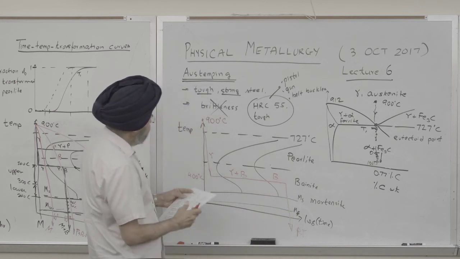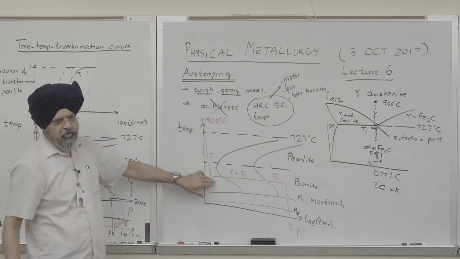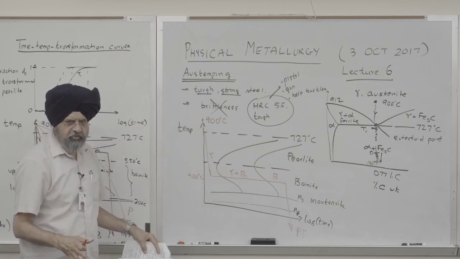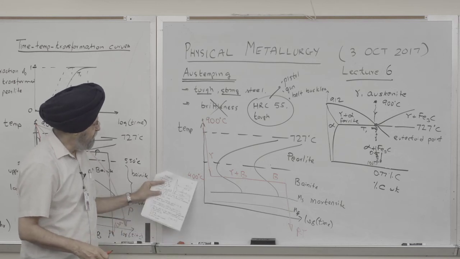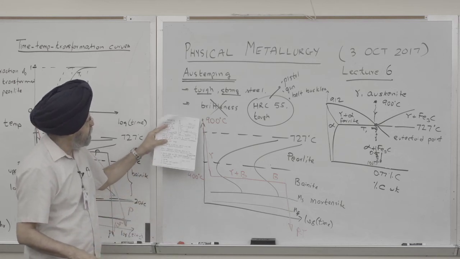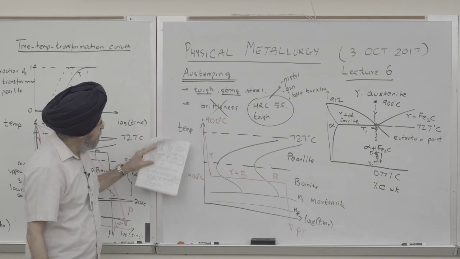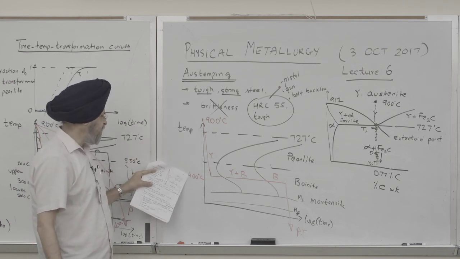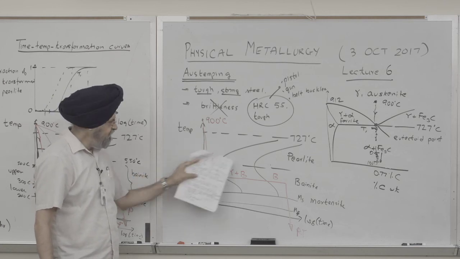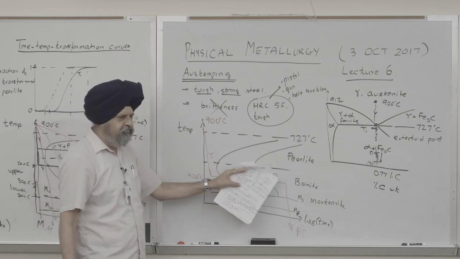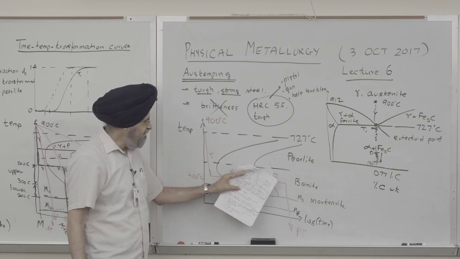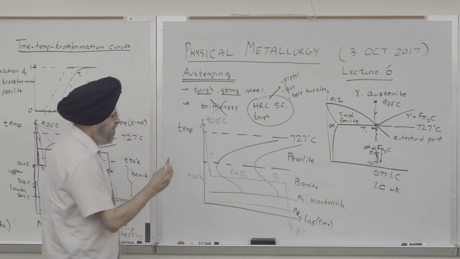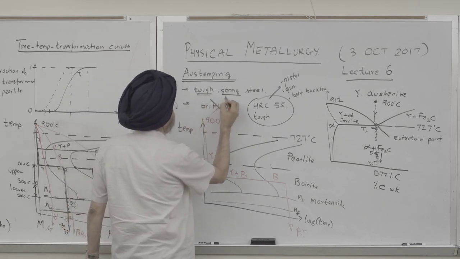So the way you would do this is you can take a salt bath, a salt which is molten salt at 400 C. So you're basically taking the steel from the furnace at 900 and you're dropping the piece of steel into the 400 degrees centigrade salt bath, and then you keep it there for a few minutes, maybe 5-10 minutes, and then you cool it to room temperature. And the steel you get will be tough, it'll be strong.